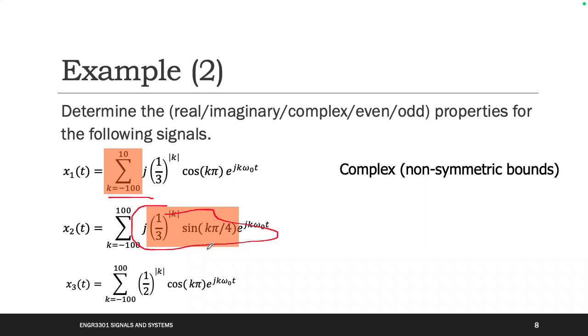Actually, you can see this part will not affect it. This j just tells us a_k is imaginary. And this part is just a number, it must be a positive number. And this part is a sine function. What does a sine function look like? No matter what, this sine function must look like this, right? So is it odd or even?